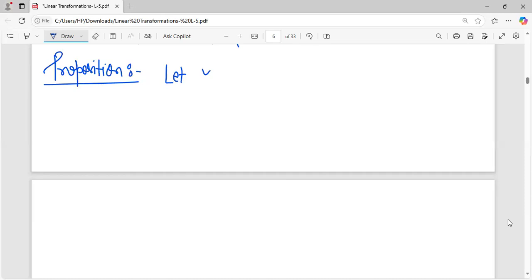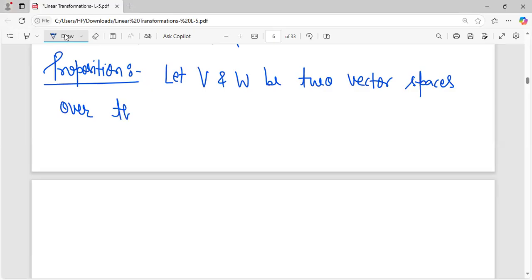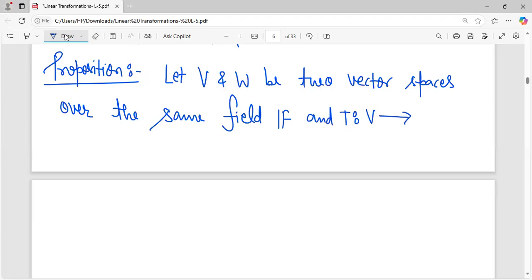Let V and W be two vector spaces over the same field F, and T from V to W be a linear transformation.